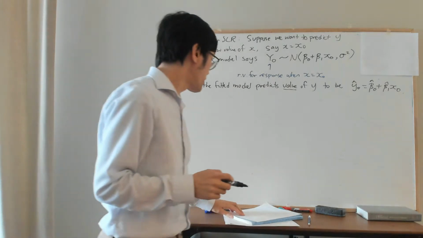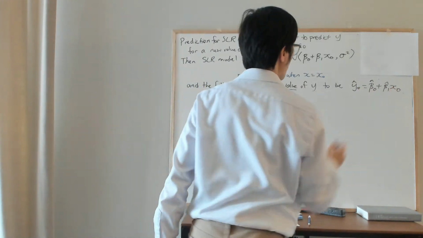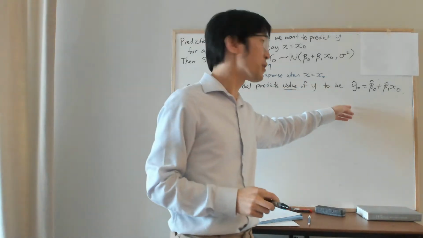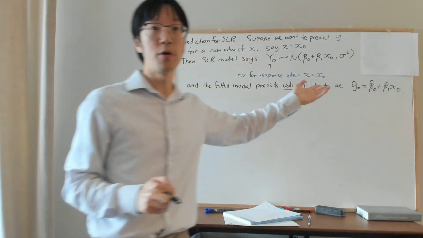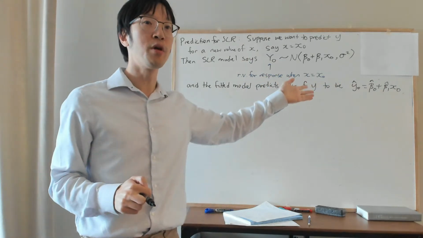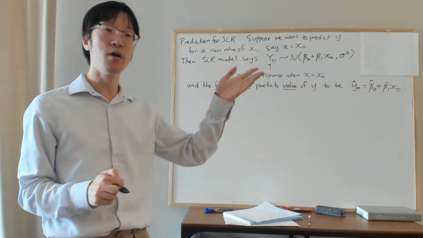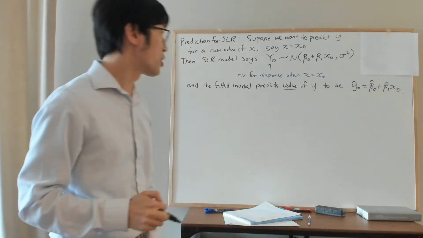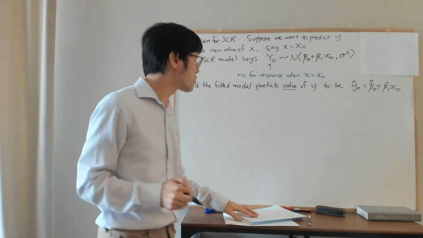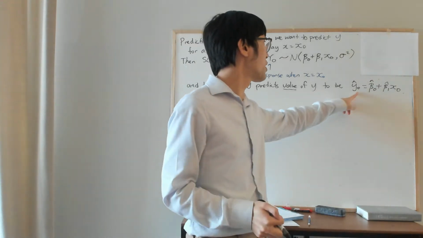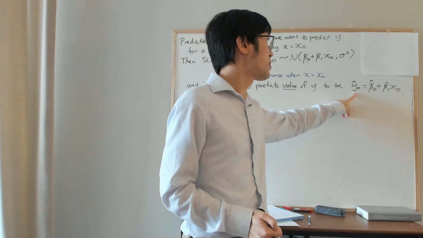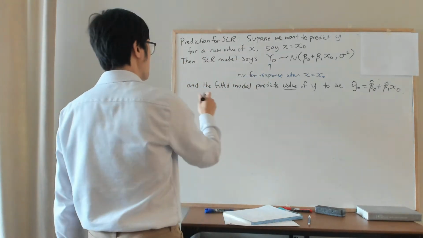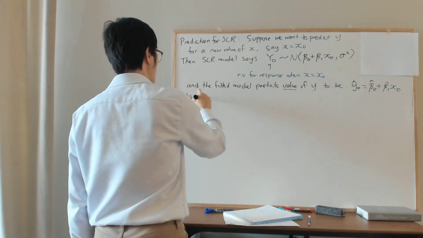Okay, so why is this a sensible way to do it? Intuitively, it makes sense because our best guess for what the new value of y would be is simply the value at our fitted regression line. That's this one. But mathematically, why does that make sense? In order to do that, again, we're going to have to look at y0 hat as a random variable.